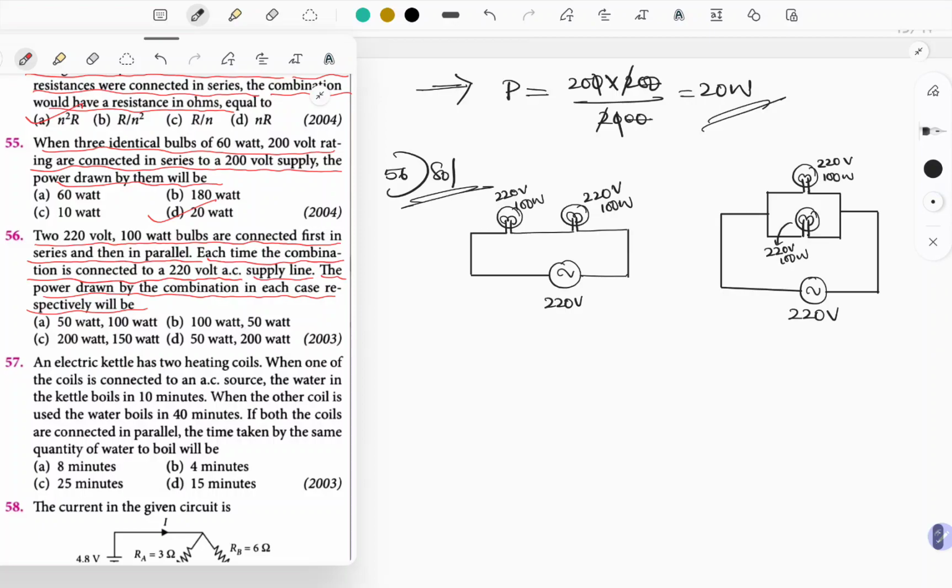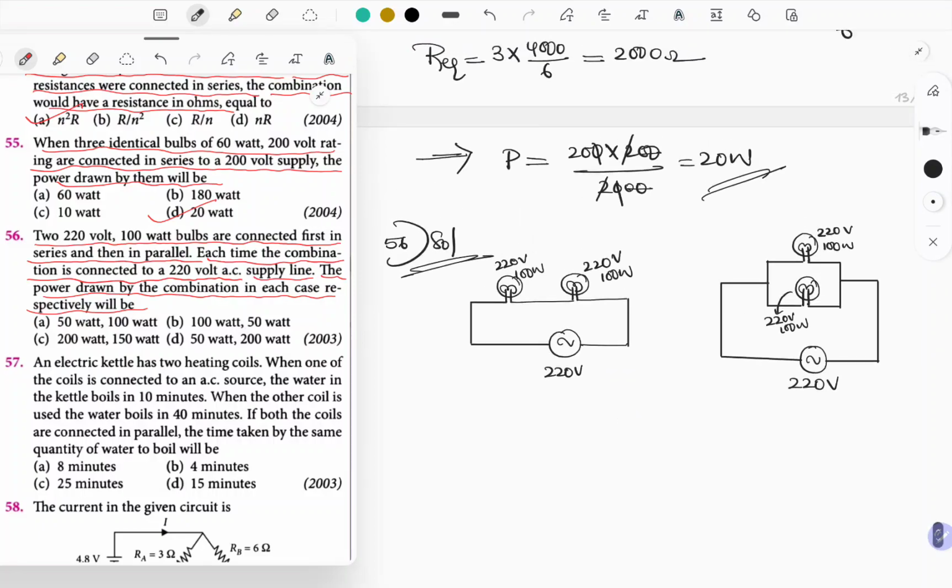When two bulbs are connected in series or in parallel, to find out the total power consumed by those two bulbs, if it is a series combination, it is applicable for two bulbs only. If the combination is a series, then equivalent power is equal to P1 P2 by P1 plus P2.